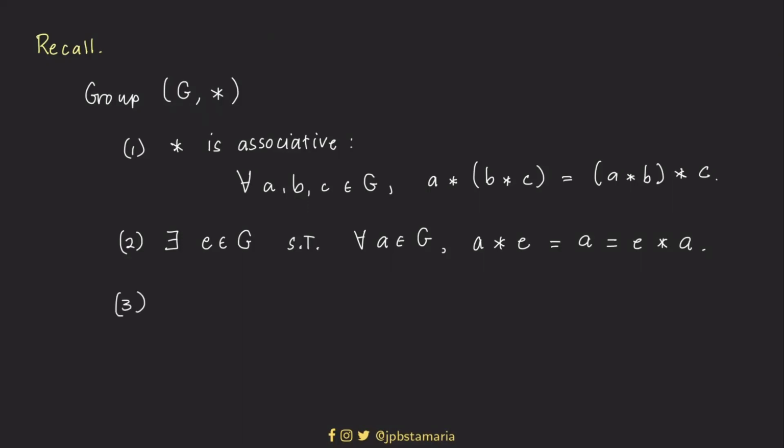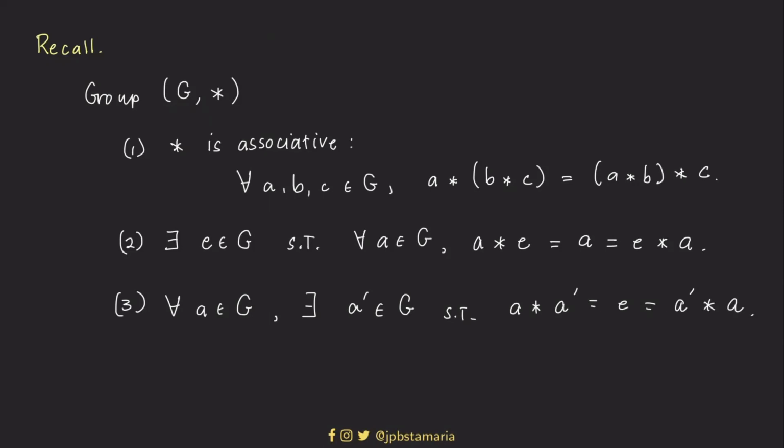Last but not the least is the existence of inverse elements. The third group axiom guarantees you that every element must have its respective inverse with respect to the binary operation. In symbols, that means for every element A in the group G, there must be another element, say A prime in G. That A prime will be called the inverse of A if and only if whenever you multiply it to the left or to the right of A, you get the identity element.